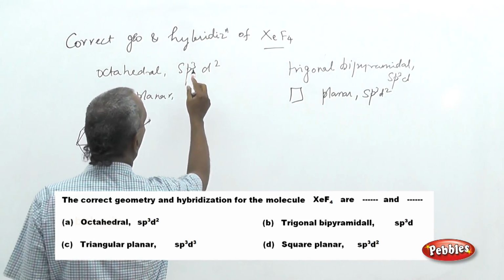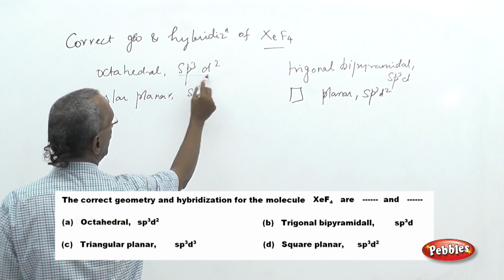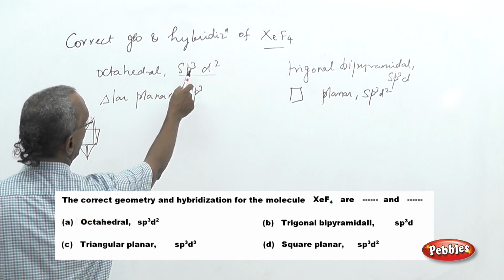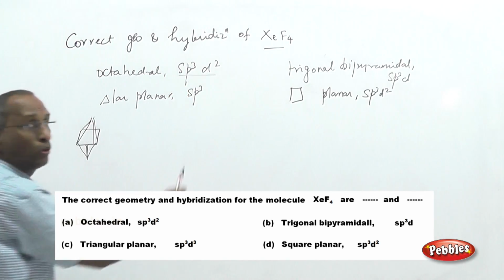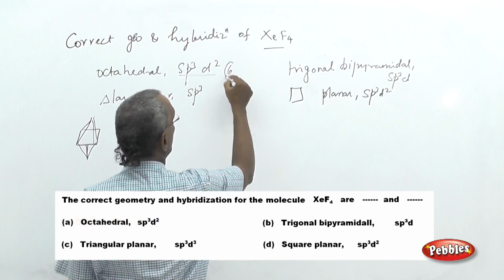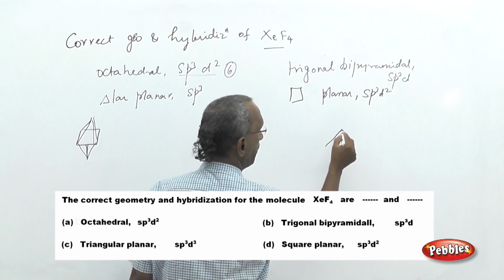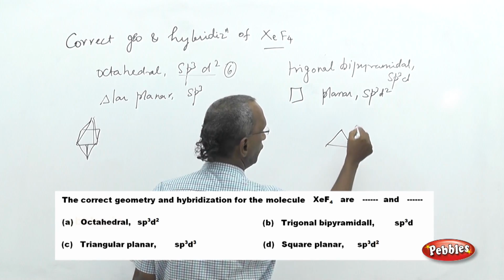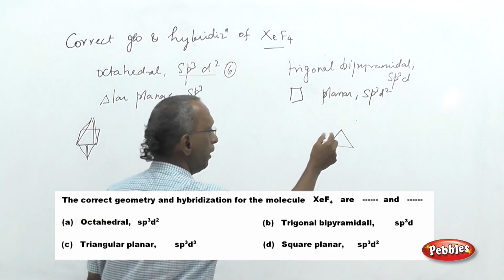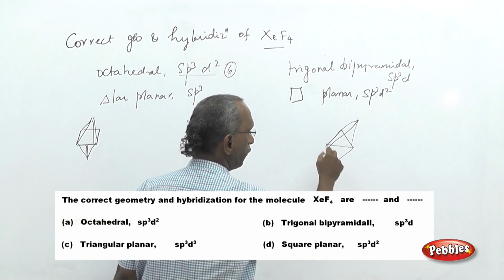Here the mode of hybridization is sp3d2. So 1 s orbital, 3 p orbitals, 1 plus 3 is 4, plus 2 d orbitals, 4 plus 2 is 6 orbitals overlapping. Another one is trigonal bipyramidal. Trigonal bipyramidal means a triangular base. We choose a point above and below the plane of the triangle, and each has to be connected to the vertices of the base triangle.